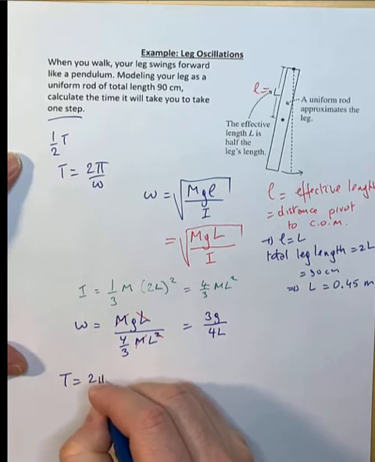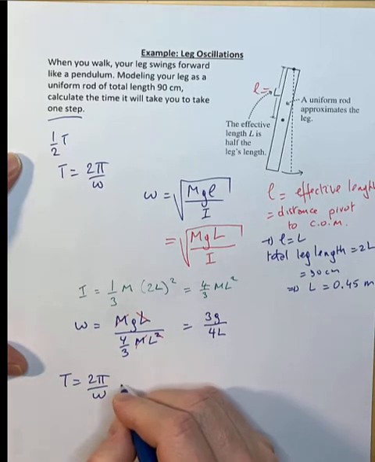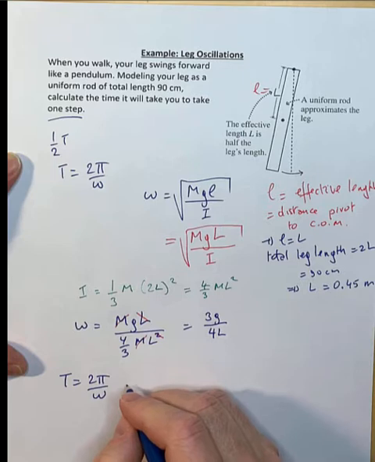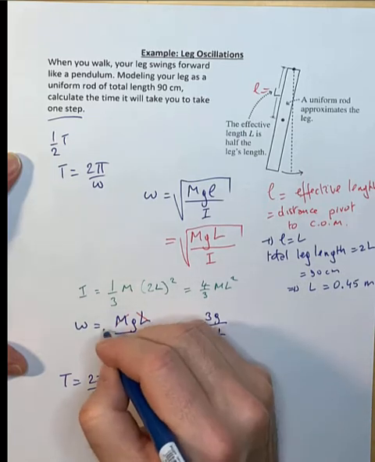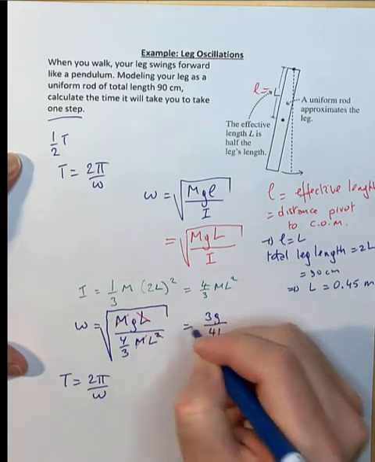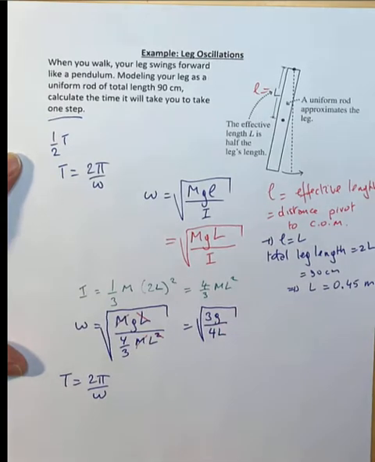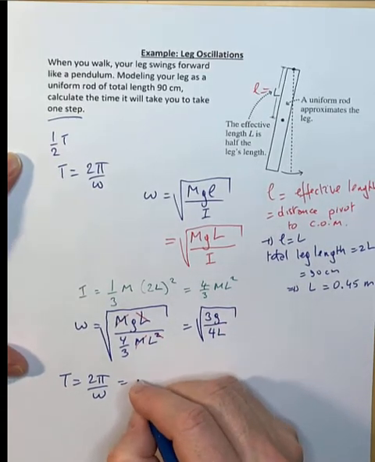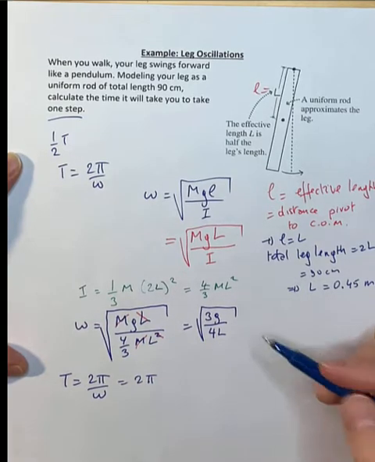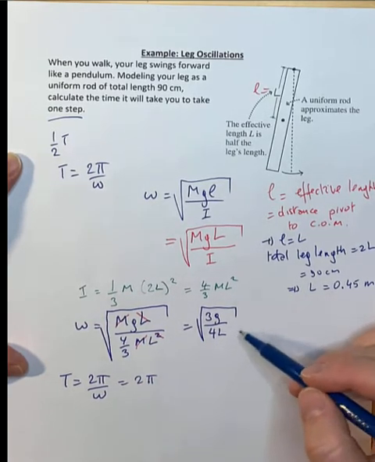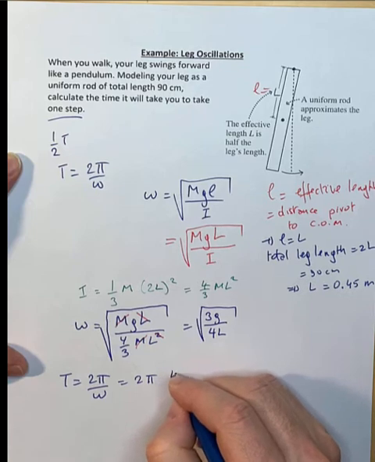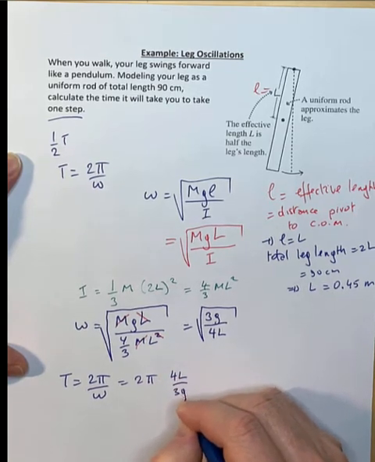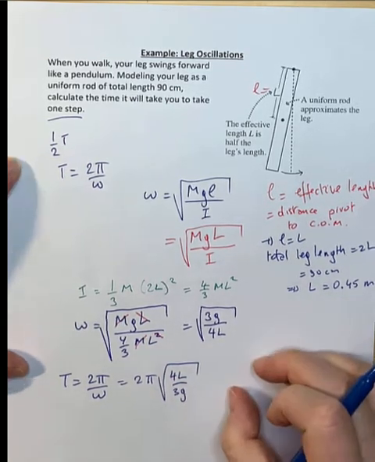So that's now 2 pi over omega. And of course, I forgot the square root here. Shouldn't forget square roots. Okay, so that's now 2 pi times the inverse of this expression right here. So that's the square root of 4L over 3g.